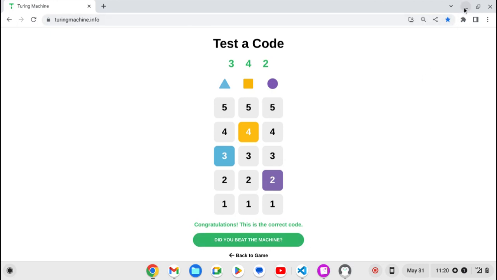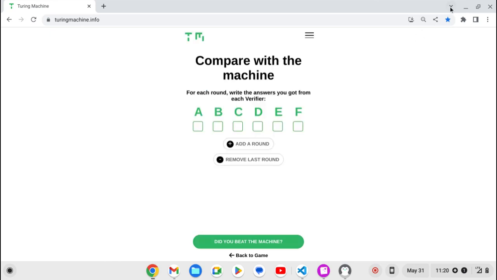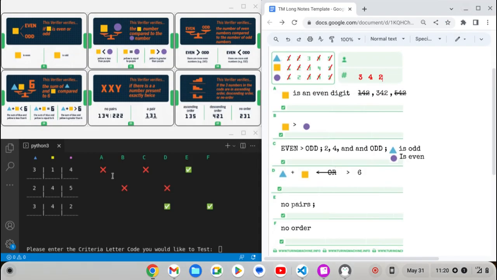But I am concerned about did we beat the machine or not? So let's go back and see, what did we test? So we tested ACE and then BD. All right, so ACE.